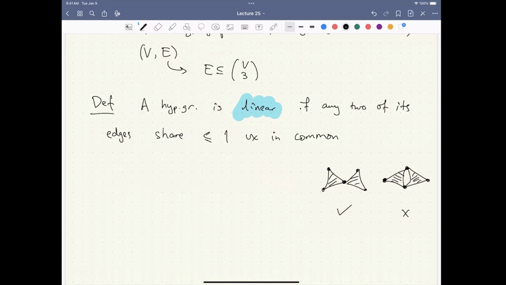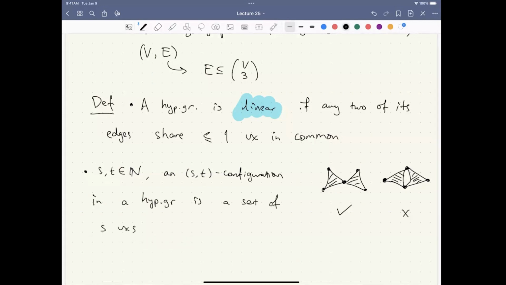And for S, T being natural numbers, an ST configuration in a hypergraph is a set of S vertices inducing at least T hyperedges.